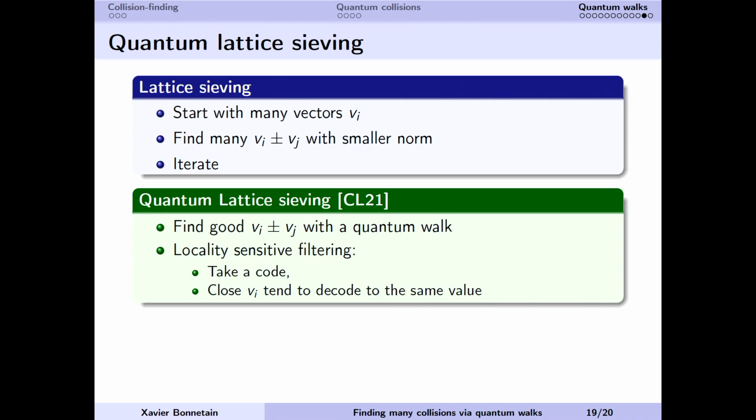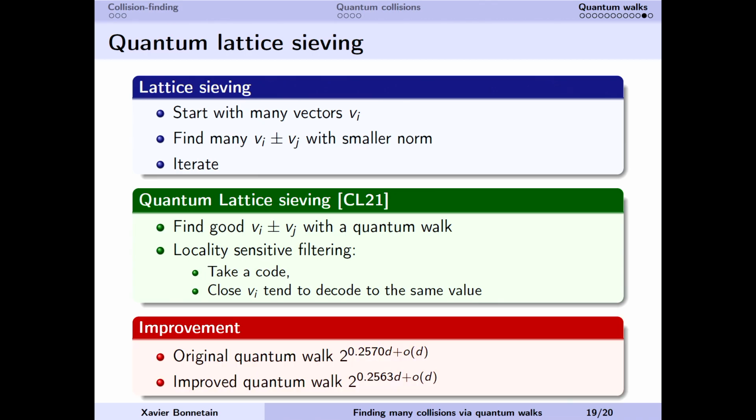The idea is that you assume there is a code in the ambient space, and close vectors that form a pair leading to a smaller norm will tend, if you have a code, to decode to the same value. And this means that we can reduce lattice sieving to a problem of finding a collision on a function, the function being the decoding of a code. And of course, we need some efficiently decodable code, but this is what they do classically.